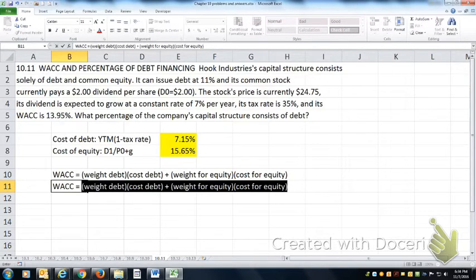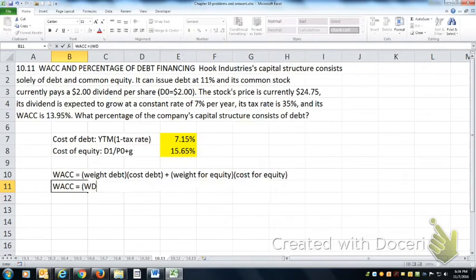So I'm going to use some algebra in here, and so I'm going to call WD the weight for debt, and the cost of debt is 7.15%, which I've already calculated, and 1 minus WD would be the weight for the equity.